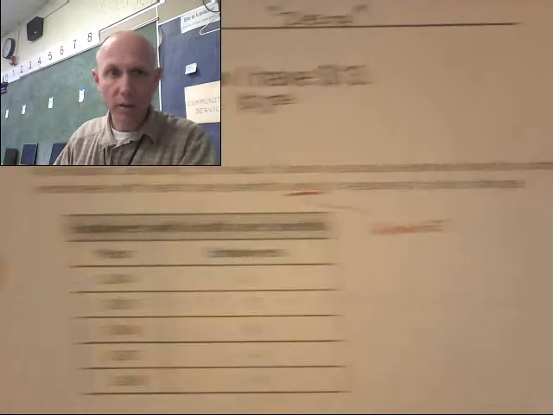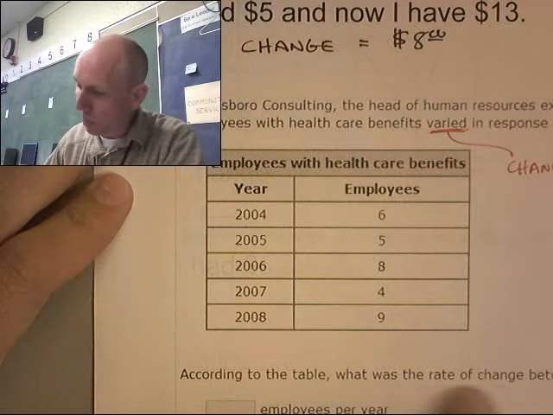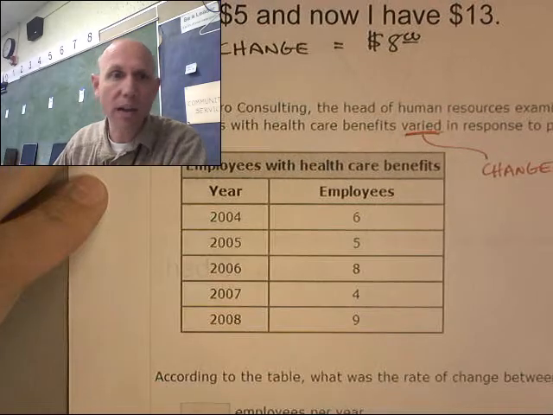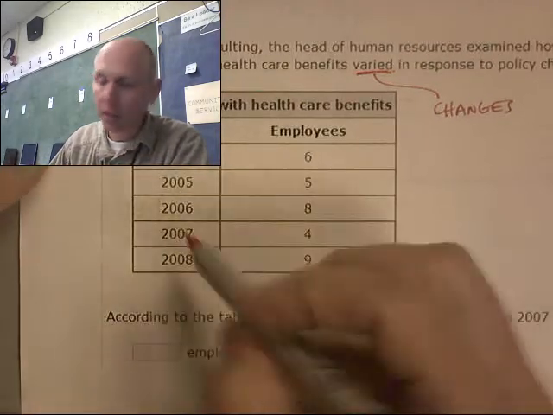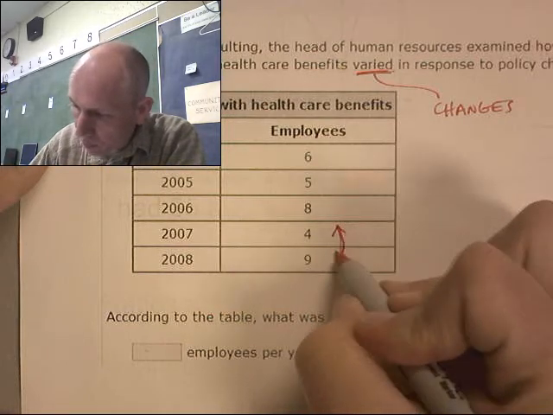According to the table, what was the rate of change between 2007 and 2008? 2007, 2008, from here to here, what happened?